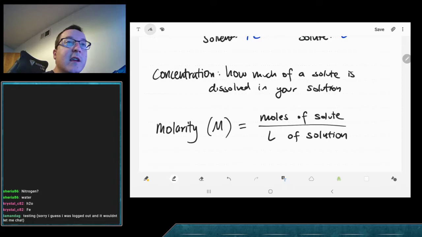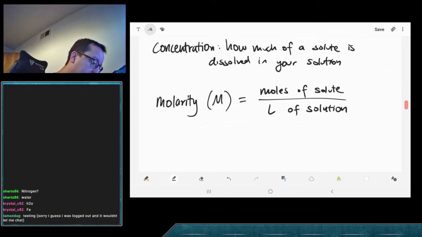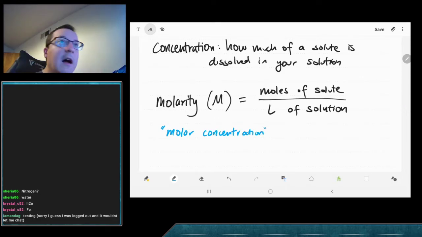It's just a way of describing how much solute we have in our solution. This could also be called a molar concentration, but very often people just call it molarity.